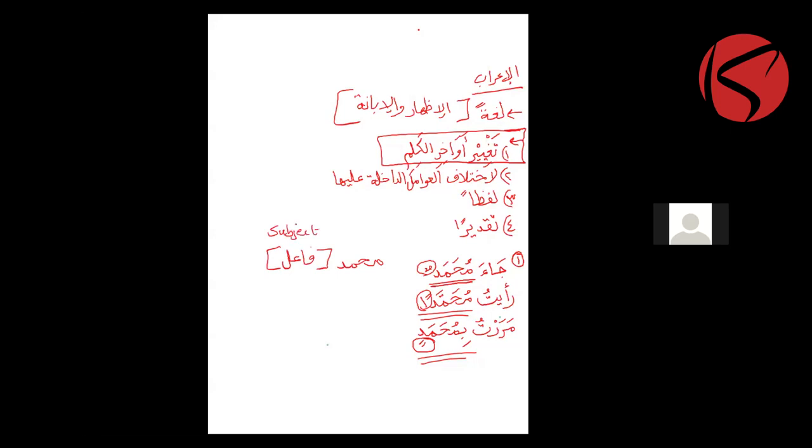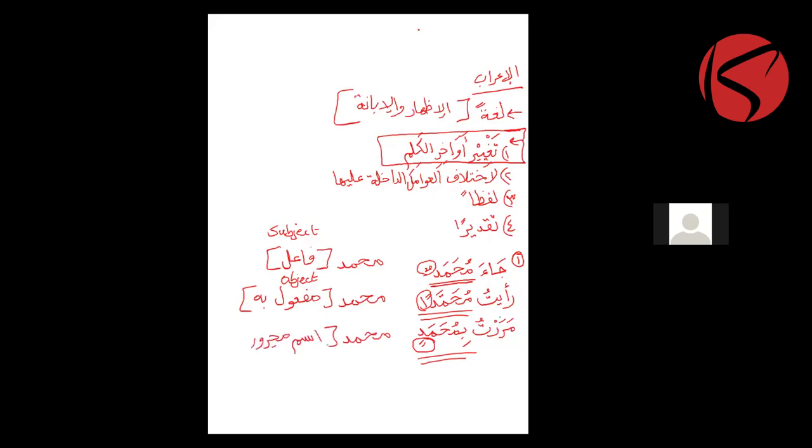In the second situation, Muhammad is a maf'ulun bihi, which translates loosely in English as an object. And here, bi Muhammadin is an ism majroor.